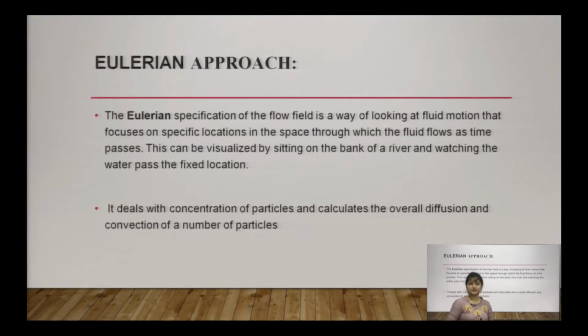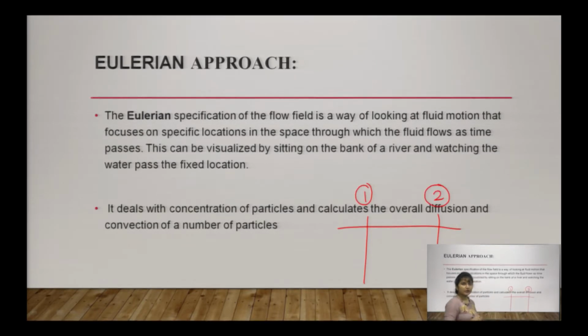Coming to the Eulerian approach, what Euler stated is that instead of calculating a single particle's measurements, that is its velocity, pressure, density or any of the characteristics of the fluid particle, we can fix a location, a location oriented program. We can fix a control section, and let us suppose this is section 1 and this is section 2.